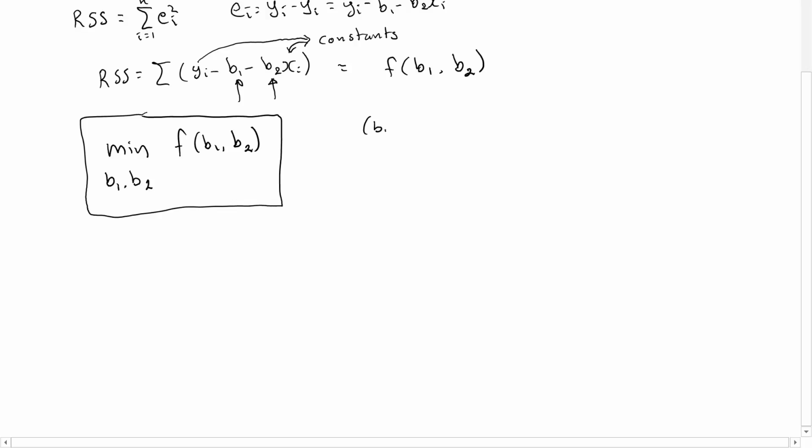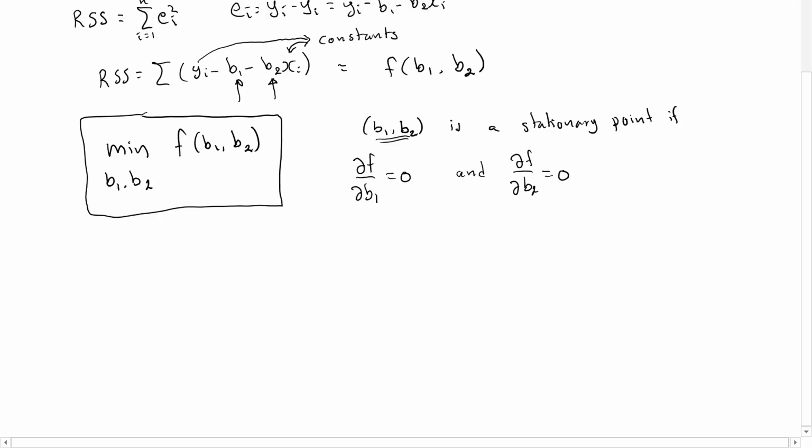So we say that b1, b2 is a stationary point if both partial derivatives, partial f partial b1 is 0, and partial f partial b2 is 0, when these partial derivatives are evaluated at this particular point.